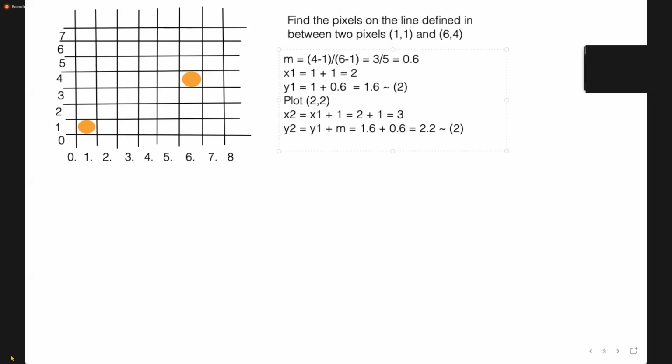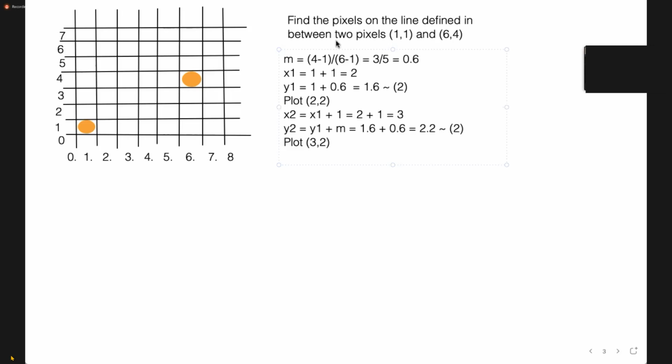Then we can plot 3, 2. Now let me show those things also.